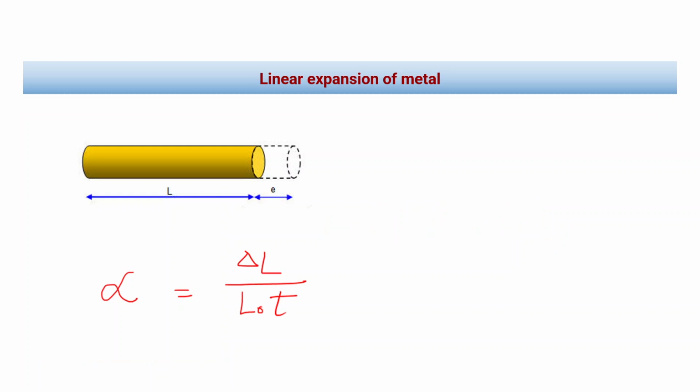And there was also an experiment about linear expansion of metal. When metals are heated, they expand. We all know this. That expansion also has a linear relation with the original length, and so we had discussed experiments based on these things.